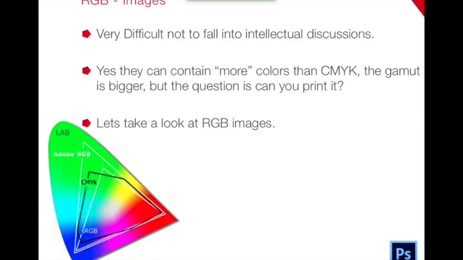Yes, they can contain more colour than CMYK. They have a bigger gamut, but often the question is how important is that if you can't actually print it. So as always, if we see the little Photoshop icon down at the bottom, it means that we're going to take a trip into Photoshop to start to investigate some bits and pieces.